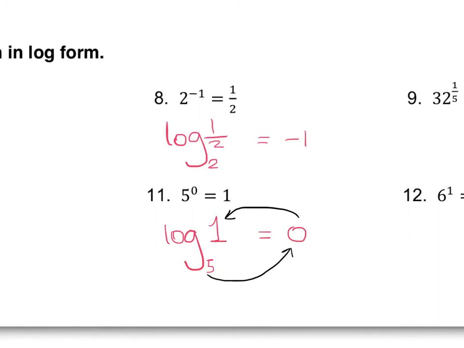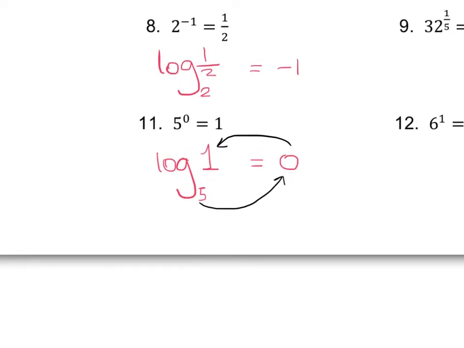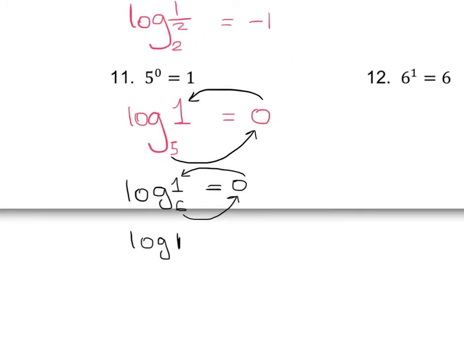So it can be safe to say that no matter what number you have at the bottom of the log, even if you have like a 6 and you have a 1 over here, the answer is going to be 0, because 6 to the power 0 is 1. Remember, anything raised to the power 0 will give you 1. So if I had a base of 50, then I will directly know that the answer is 0, because 50 to the power 0 is 1.